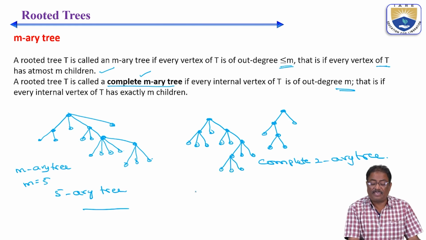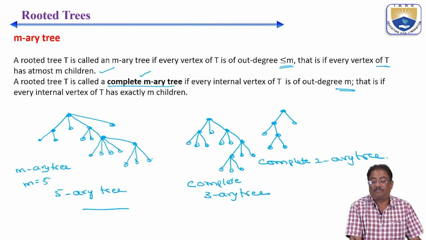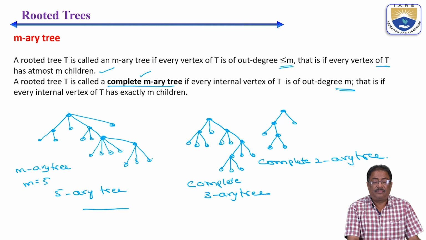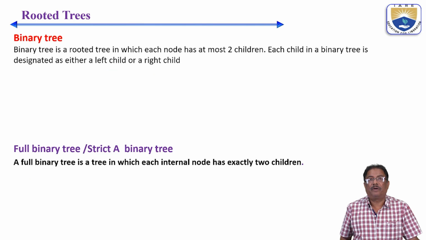This is also a complete 3-array tree. So here we consider the maximum out degree, whereas each and every node's out degree is less than or equal to M. So this is an M-array tree.